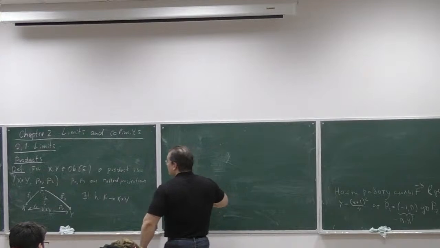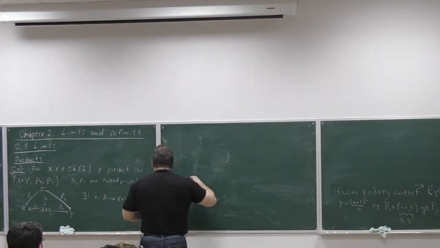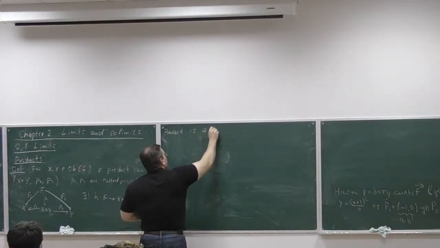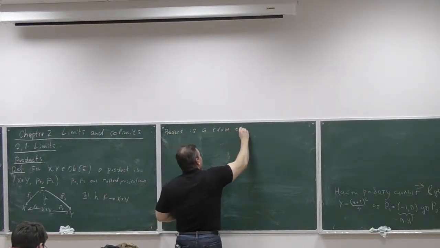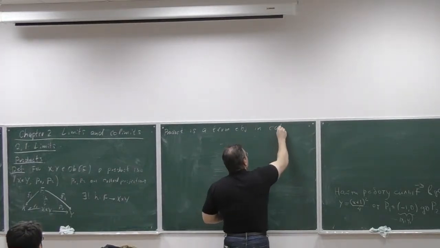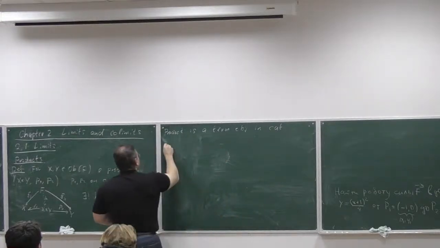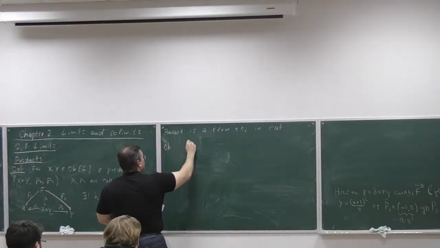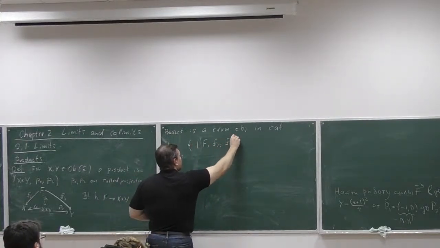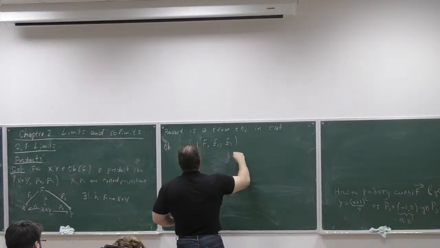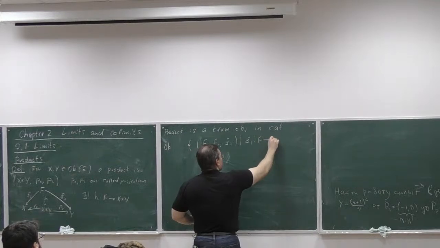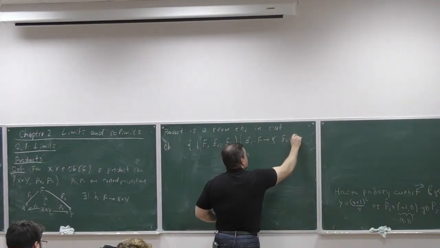Well, we can look at this a little bit differently. A product is a terminal object in the following category. For objects in this category, we have triples: f and two projections, f1, a map from f to x, and f2, a map from f to y.